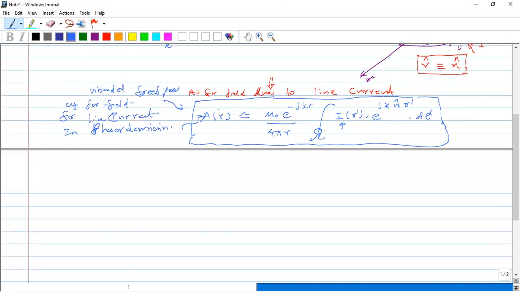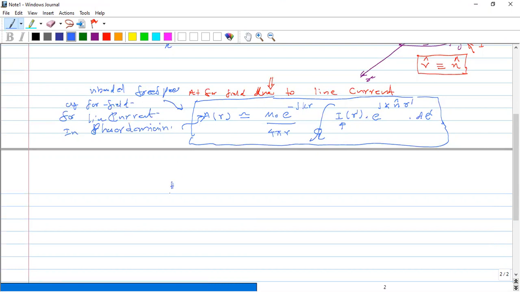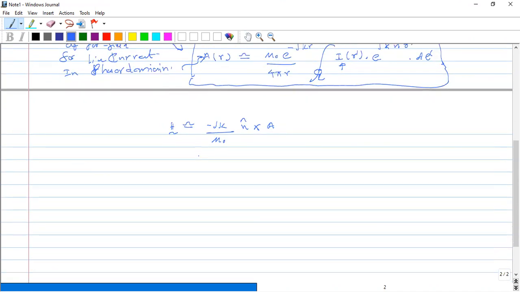Once you have found this magnetic vector potential, you can calculate the magnetic field, which is approximately equal to minus jk divided by mu naught, n hat cross product A. So you have to do the cross product of n hat with the magnetic vector potential. This is the magnetic field.